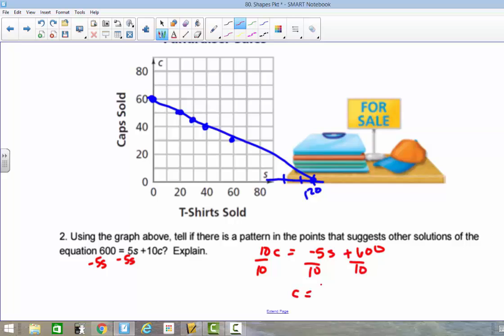So we know that the unit rate is 1/2. So as the shirts go up by 1, this is shirt sales, this is cap sales.